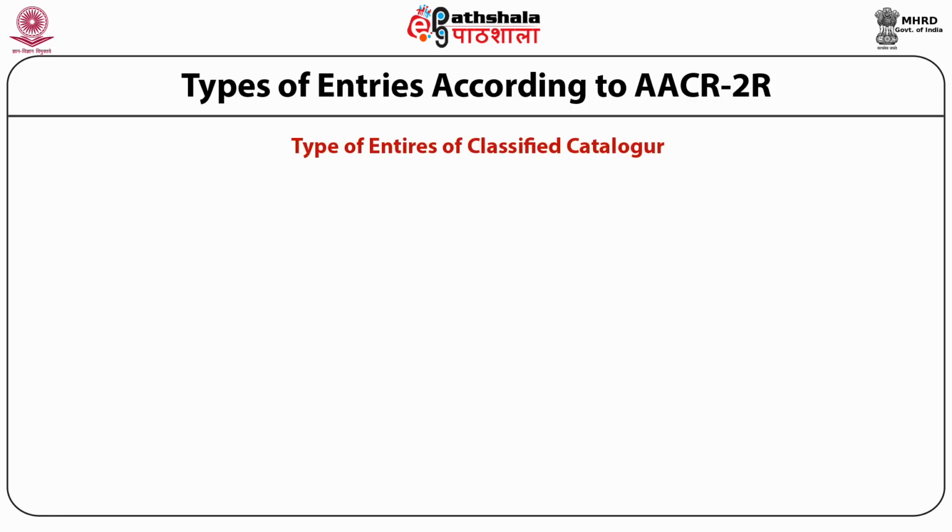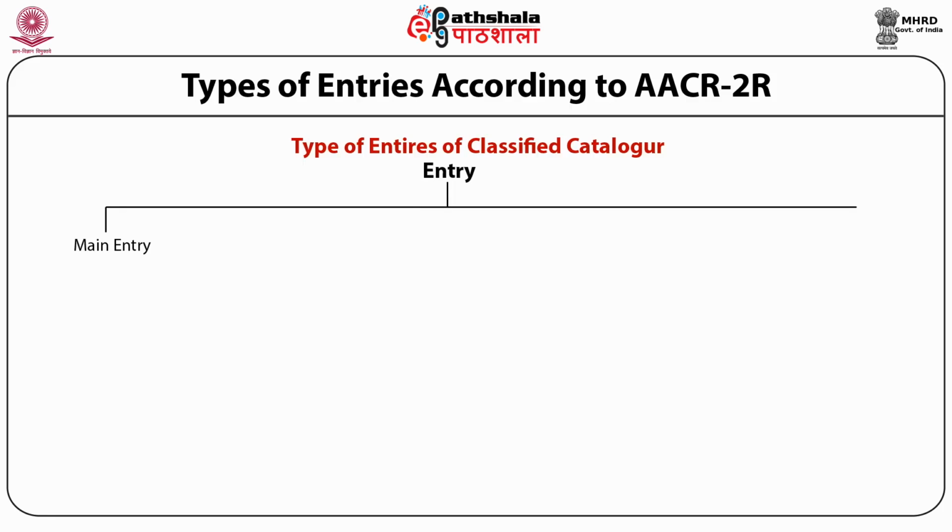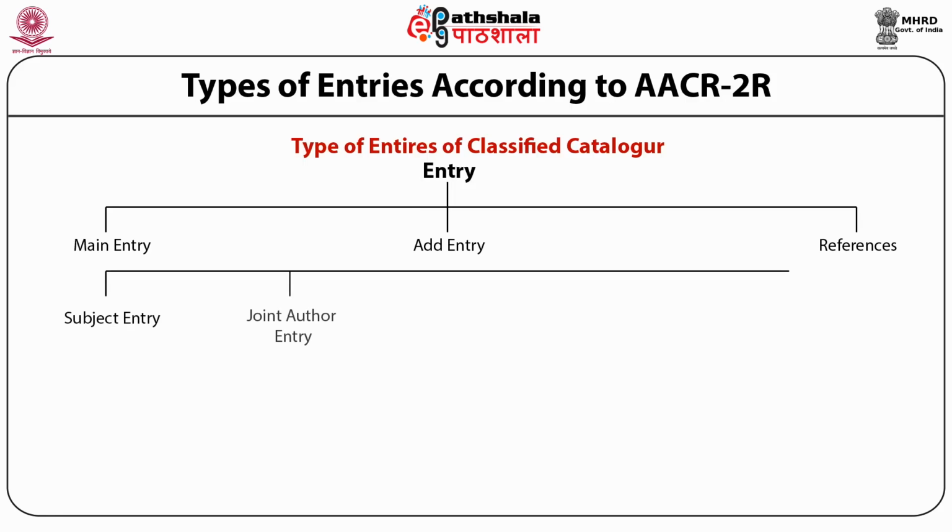Types of entries of classified catalog. AACR-2R recognizes following three types of entries. First is main entry, second is added entries, third is references. Added entries are further divided into five types: subject entry, joint author entries, collaborator entries, title entry, series entry.